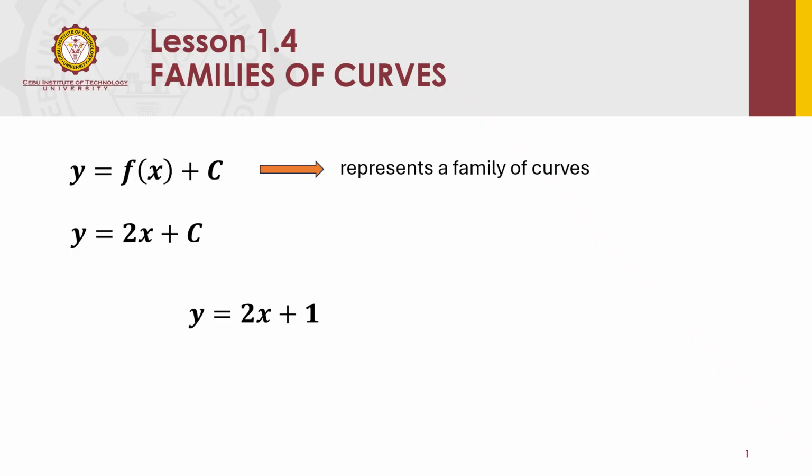If we have 1 for the value of c, the y-intercept of that specific member of the family of curves is equal to 1. If c is equal to 2, the y-intercept of the next member is 2. And for the third one, the y-intercept is negative 3.